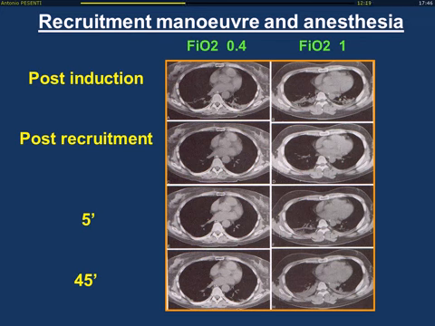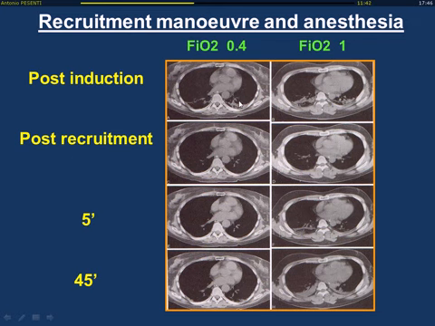And the presence of reabsorption atelectasis is possibly related to, or possibly reversed by, the use of PEEP or recruitment maneuvers, as shown by this paper from the group of Gunnar and Stierna in normal lungs undergoing anesthesia. You see here a patient at induction of anesthesia, FiO2 40%.